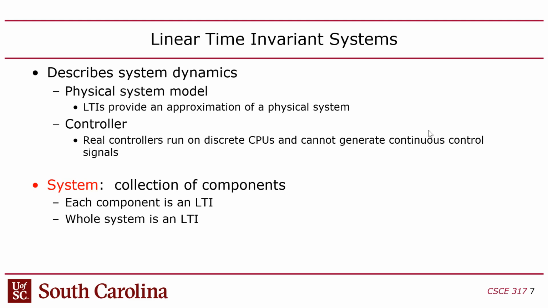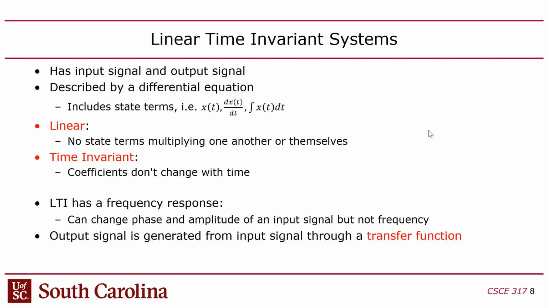But just to quickly cover the theory, there are a couple of different ways that you can conceptualize control systems. The simplest way is through this thing called a linear time invariant system. So what is a system? A system is a collection of components, and an LTI is a way to describe a system as a linear differential equation.